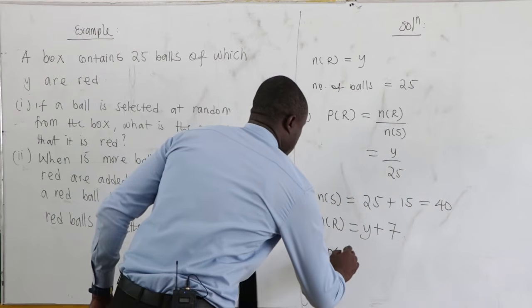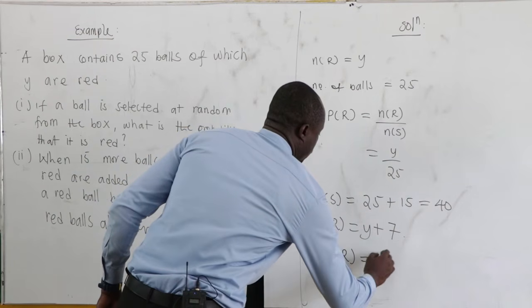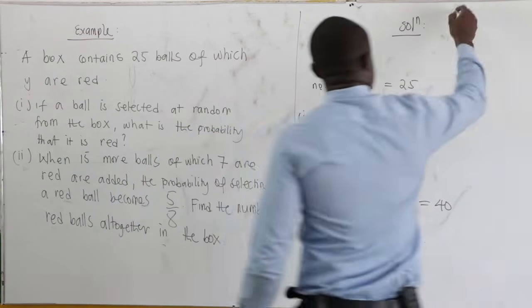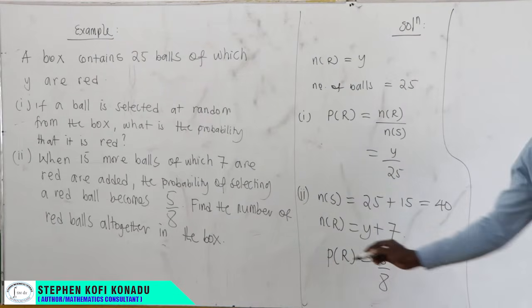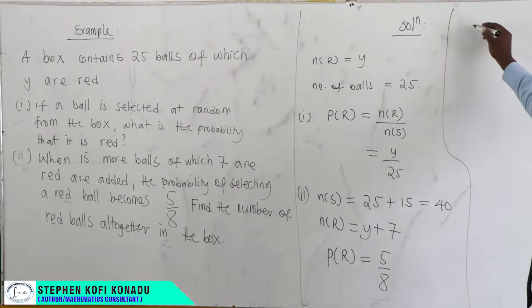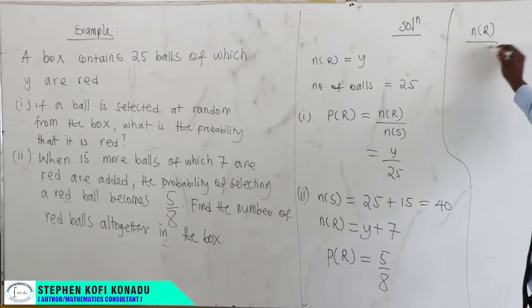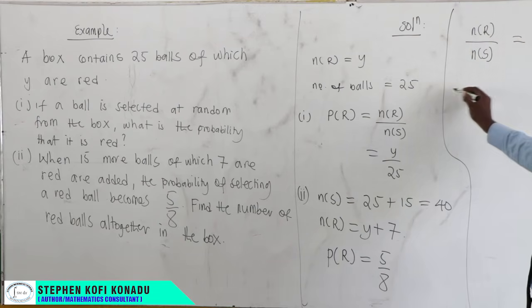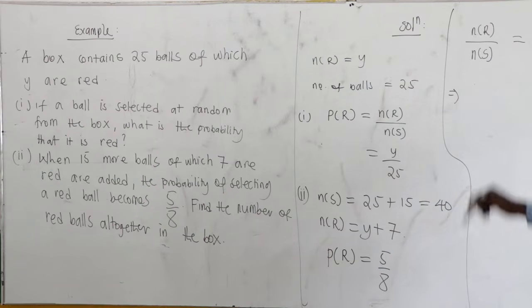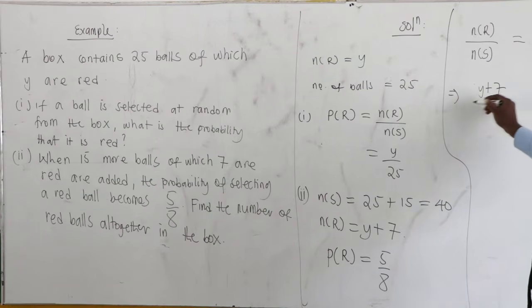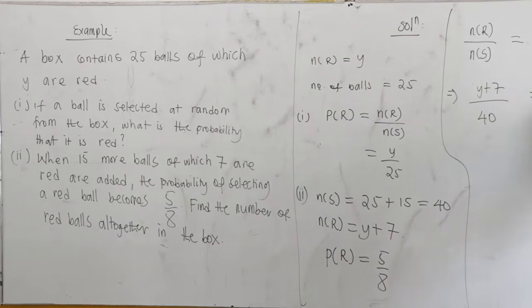Now, probability is number of events over number of sample space. This is equal to 5 over 8. Now what's the number of events? Which is y plus 7. Number of the sample space is 40, equal to 5 all over 8.